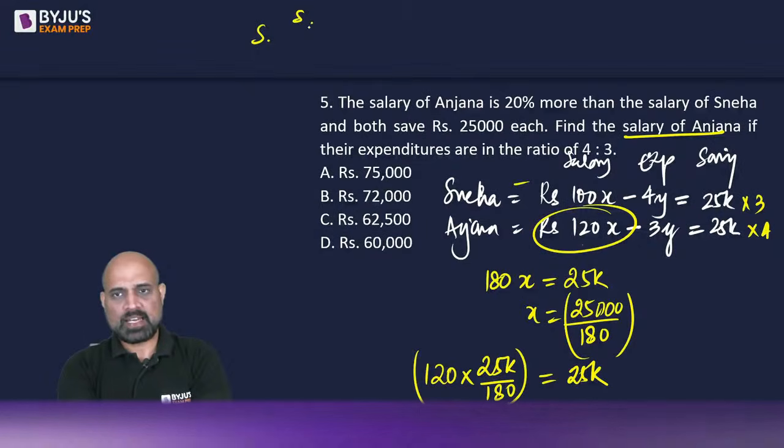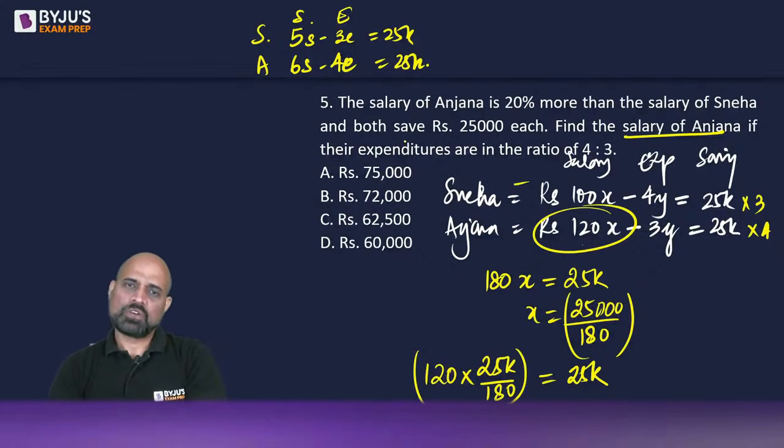Sneha's salary is 5s. Anjana is going to be 6s. Expense is going to be 3e and this is going to be 4e. It's same. 25,000.